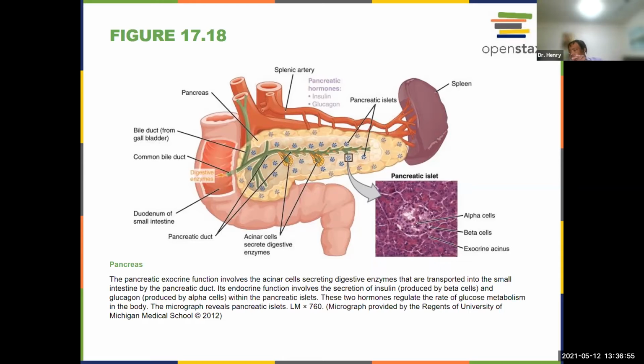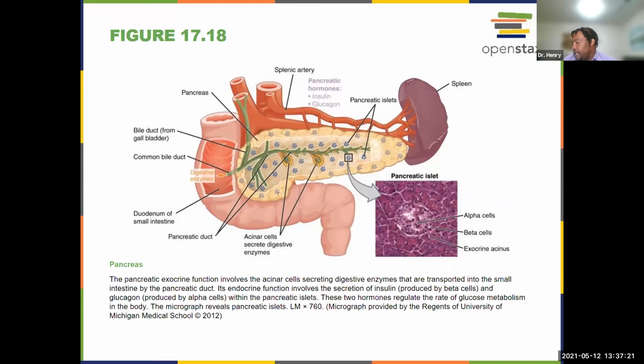And then you have your delta cells, which are going to be responsible for making somatostatin. Somatostatin is also released in other areas. Your hypothalamus releases somatostatin, which is the growth hormone inhibiting hormone.